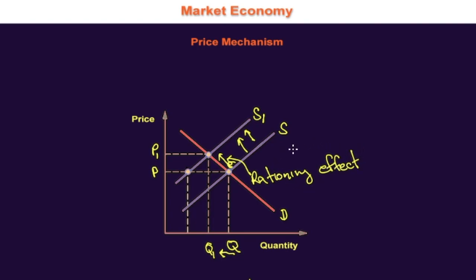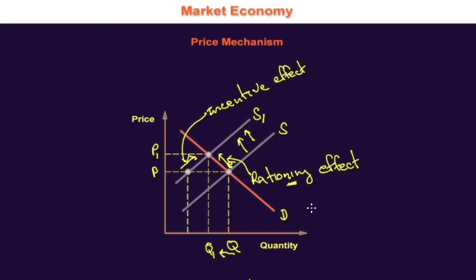As you can see here, because the price is increasing, people will try to conserve the good and they will try to ration it. So the quantity demanded will decrease from Q to Q1. And also another phenomenon is that because the prices are increasing, there is an incentive effect, because now the producers have the incentive to produce more good and extend their supply.